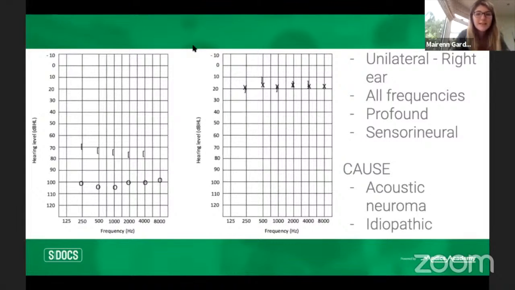Going on to the third case. So here we have, this one looks slightly confusing because although there's quite a big gap between the bone and the air conduction, which might make you think conductive, actually bone conduction is still abnormal, which means again it is sensory neural hearing loss.